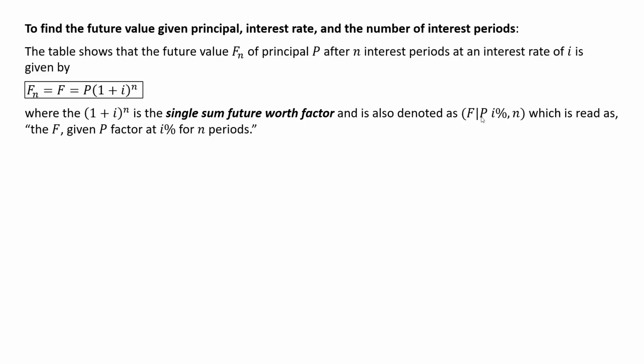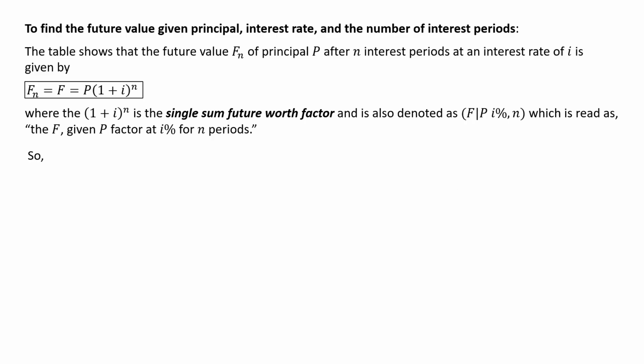Probability of A given B. You will see something like the probability of A given B: what is the probability that A would occur given that B has occurred? So they use the same vertical stroke. So F given P factor at i% for n periods.